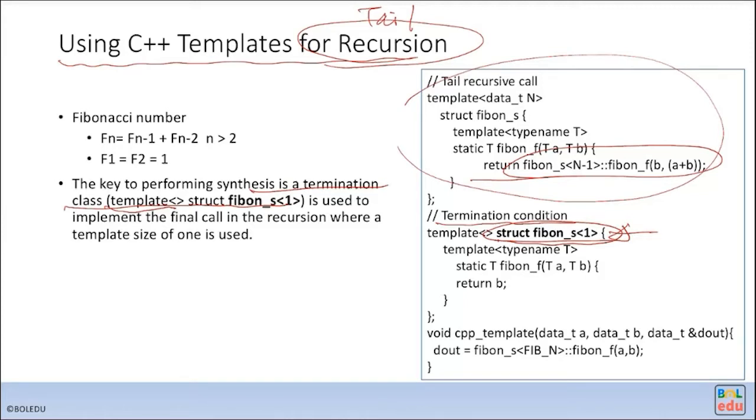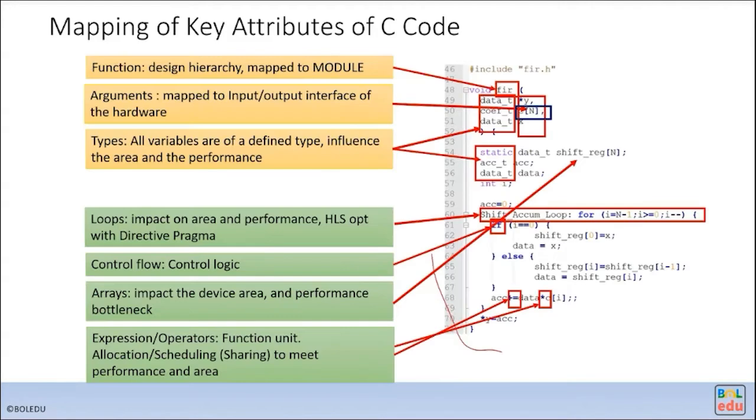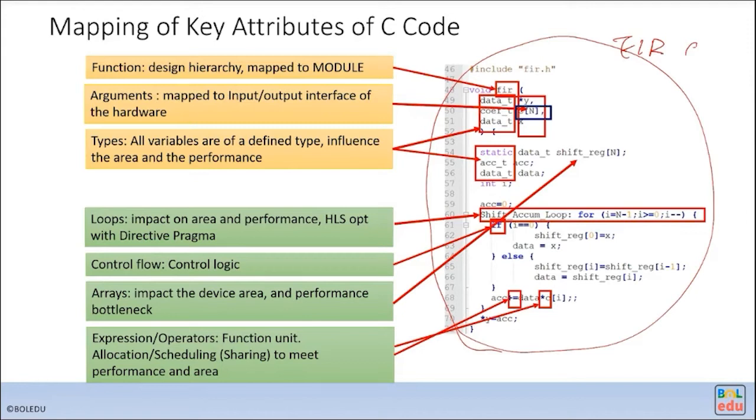Okay. So let's go to C to RTL mapping here. In here, that's a typical FIR code written in C. Let's investigate the syntax in the C language.